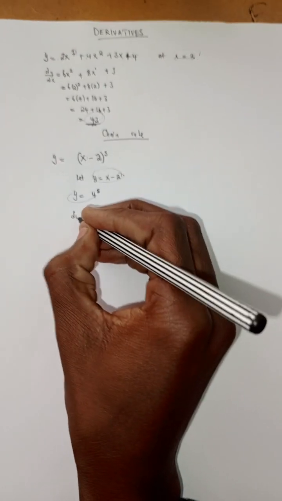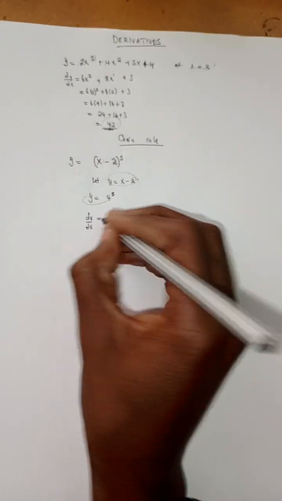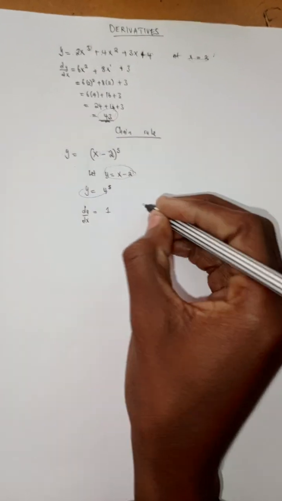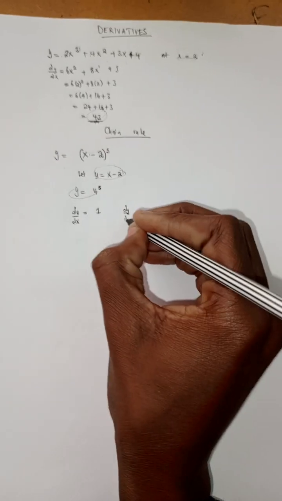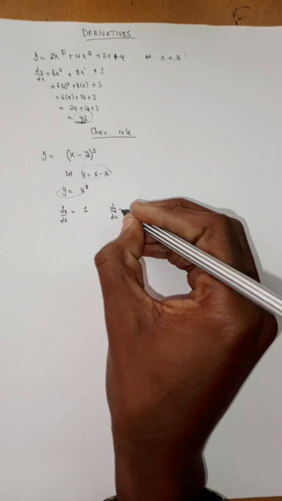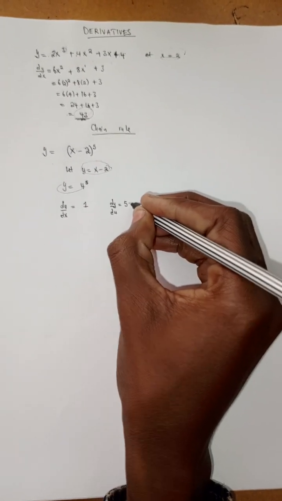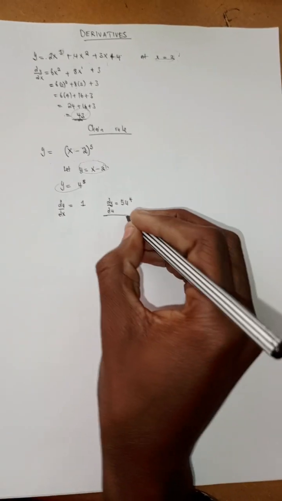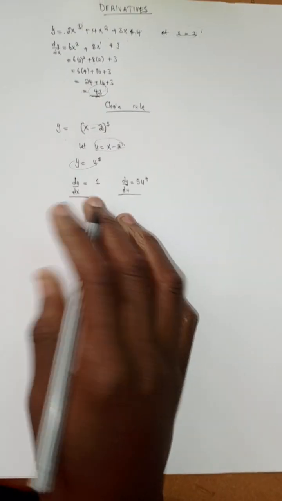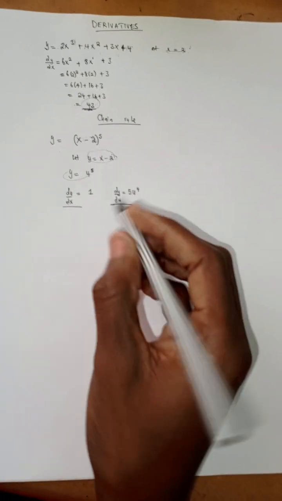And then we can differentiate this with respect to x and differentiate the second function with respect to u. So we find du/dx will have a 1. Then we find dy/du will have 5u. So we have the two derivatives.